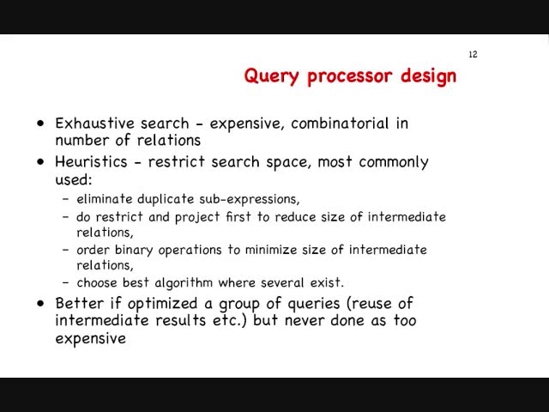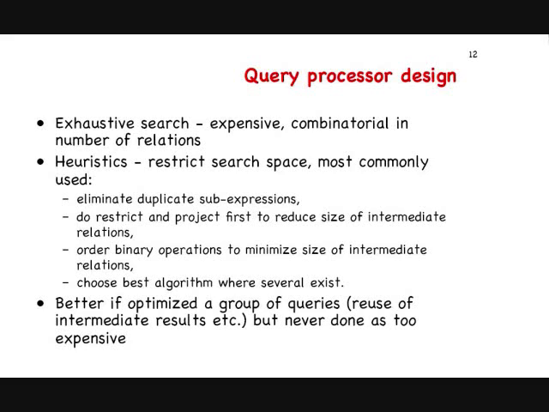And then if we've got an operation with several algorithms, again typically a join, we say which is our best algorithm given the indexes and sizes of things that we've got. Now, if we're being really clever, we look at a whole workload and try and optimize that. It's too difficult. We can't do it. So let's give up on that.